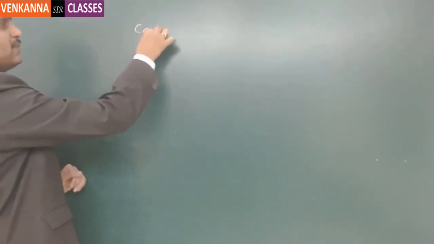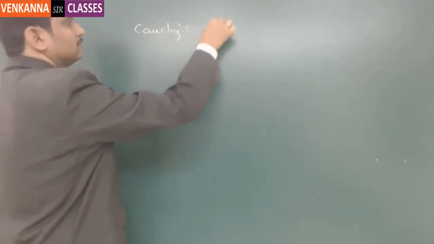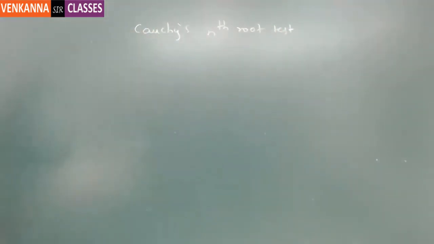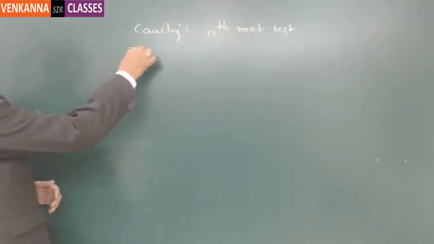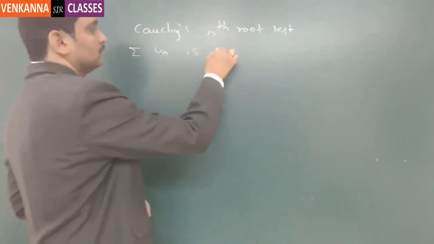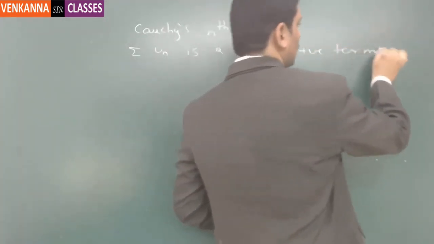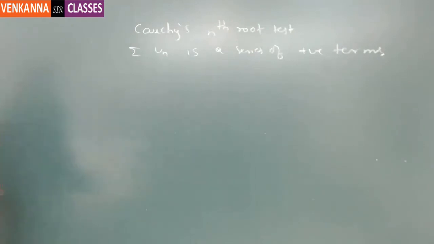The next one is nth root test. Again, it is given by Cauchy. The statement is: sigma un is a series of positive terms. If sigma vn is divergent, you cannot decide the nature. Sometimes it is convergent, sometimes it is divergent. That's why the case of convergence only is given there. Okay.